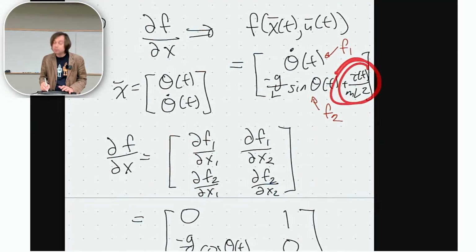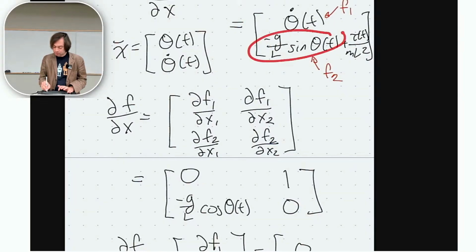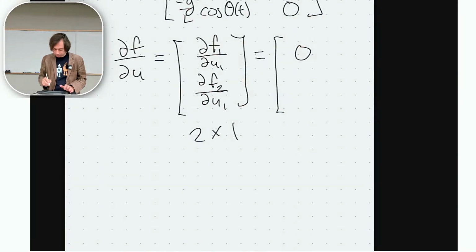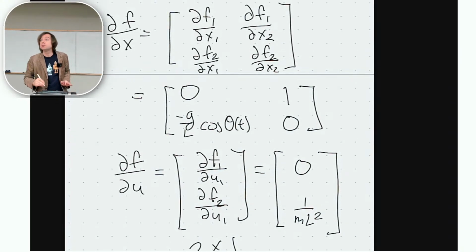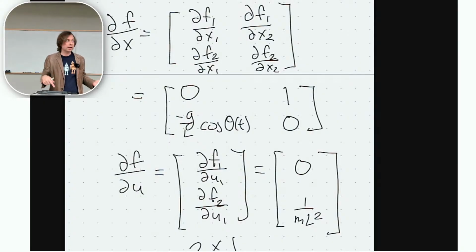There's our torque right there. So the coefficient is 1 over ml squared. And this, of course, is going to be treated as a constant. There's no torque there. So 1 over ml squared. That's your partial f, partial u. Cool? Glad you agree.